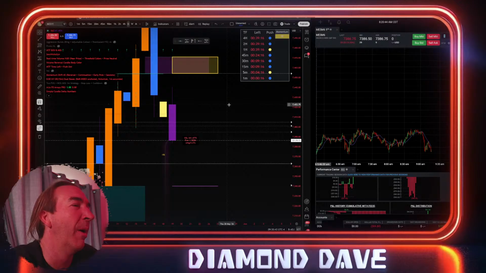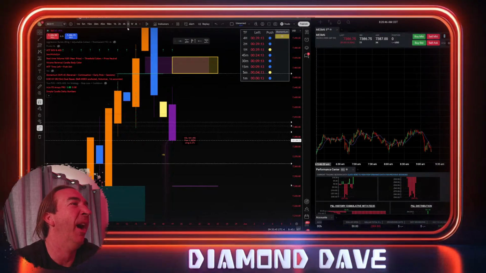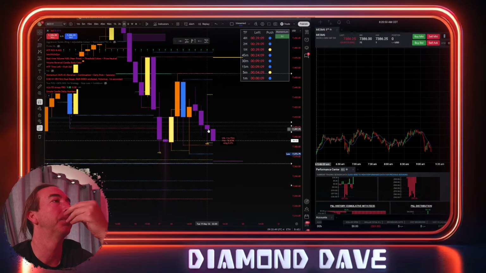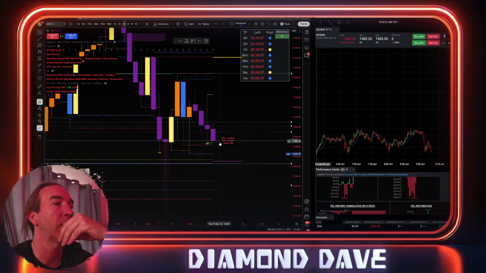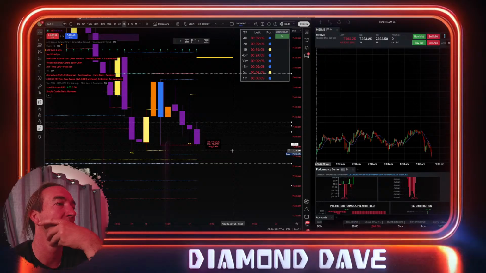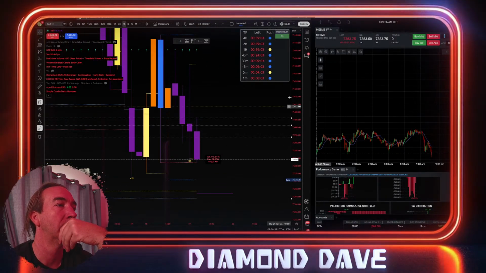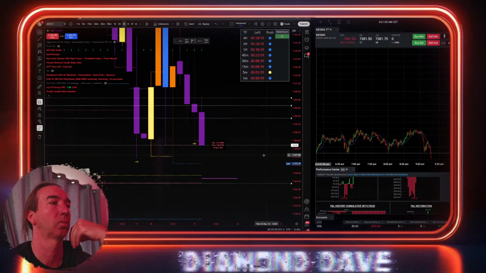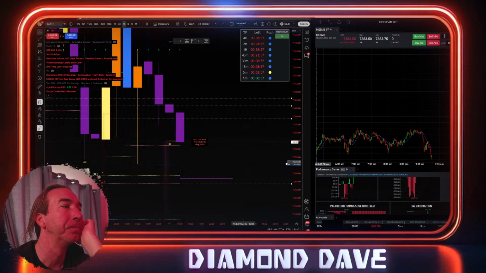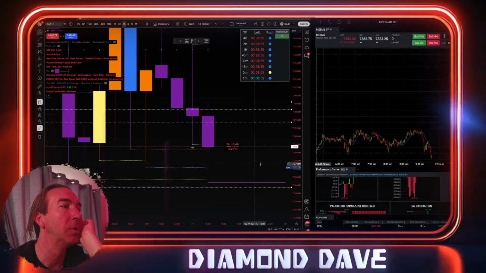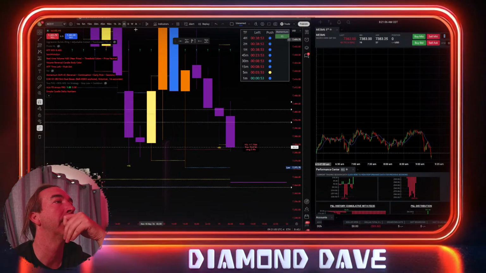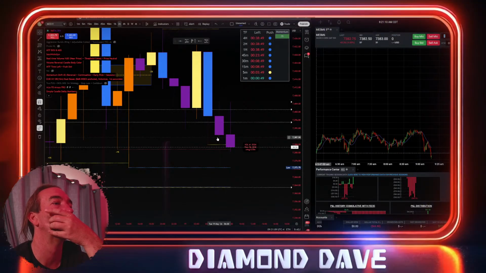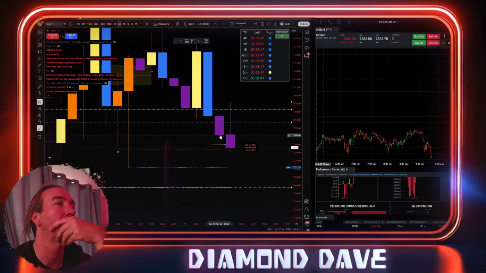For the most part, everything's still in an uptrend. We had quite a few 4-hour candles to the downside. Just took out this London low there. More candles to the downside.